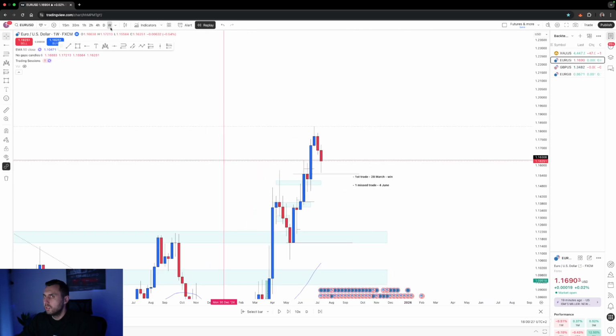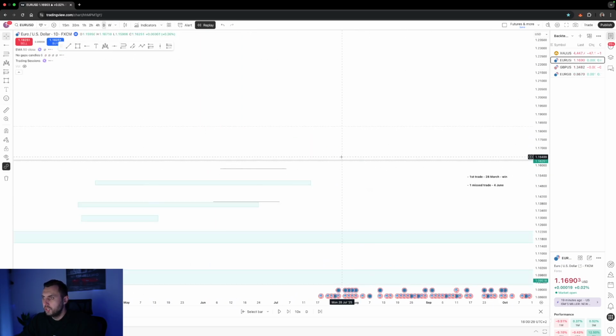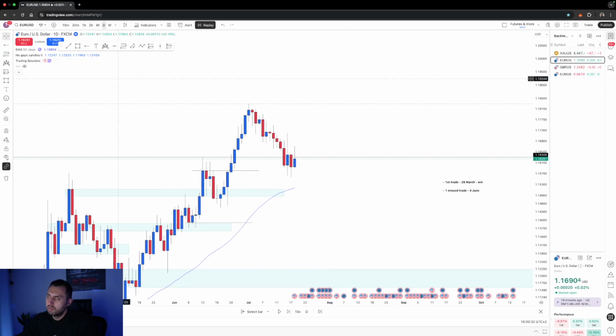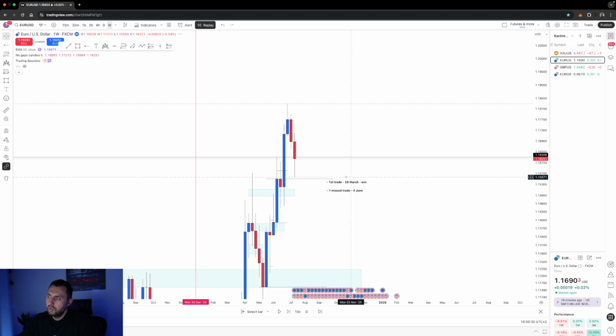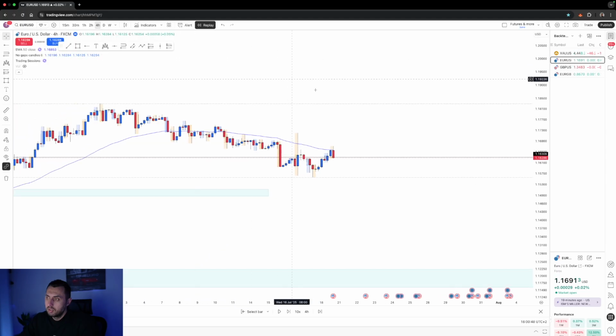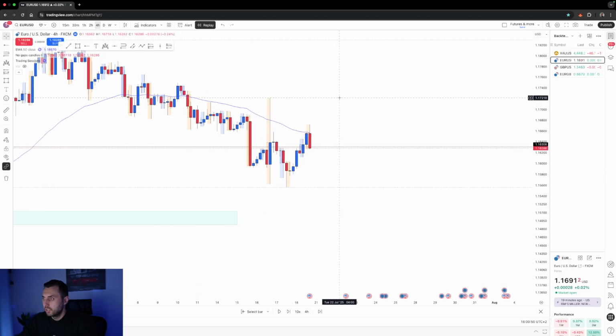Since the price is very bullish in this zone, I don't expect huge retracements, for example here or here, or maybe potentially here. I don't expect them to be very aggressive like that.